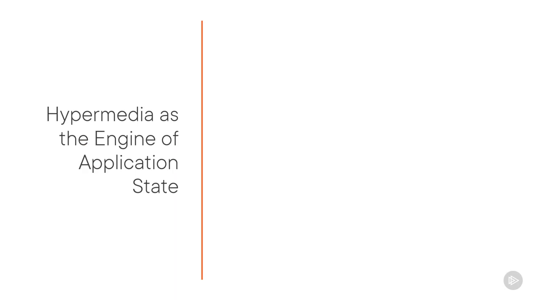Currently, our API is already quite good, but it's not exactly evolvable, nor is it RESTful. HATEOAS will help with this. It makes APIs evolvable and even self-describing. The HATEOAS acronym means Hypermedia as the engine of application state.